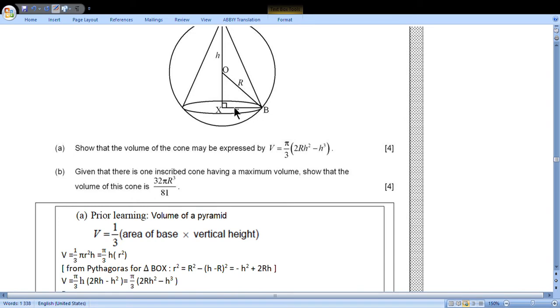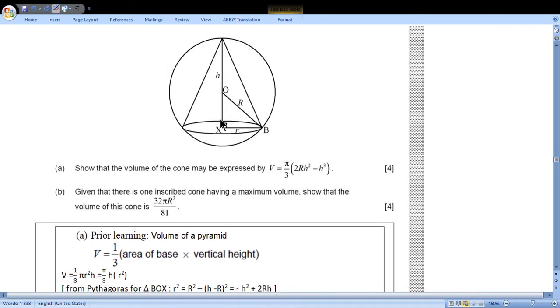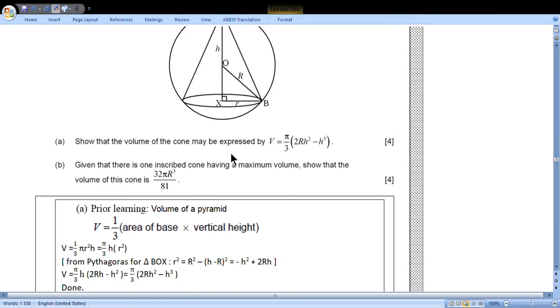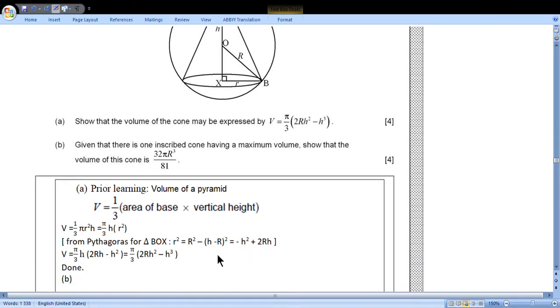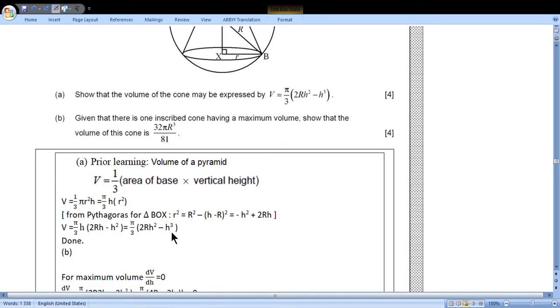So first of all, we see that we have a right angle triangle, and from Pythagoras we know that R squared equals r squared minus OX squared. OX equals height minus radius. So we substitute the expression for r squared in terms of h and R, and this question is done.